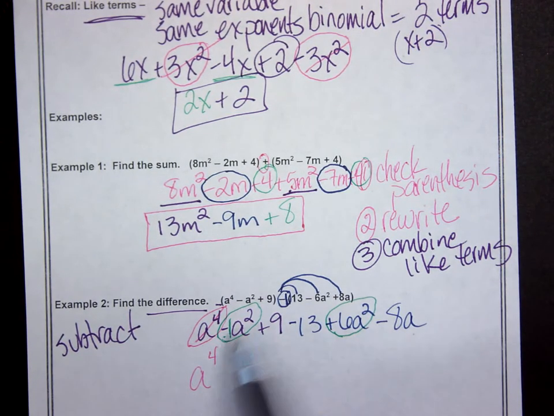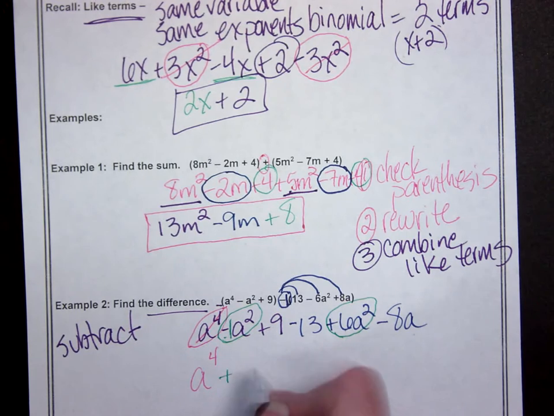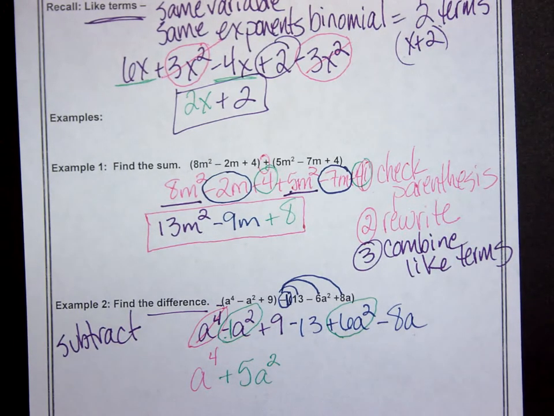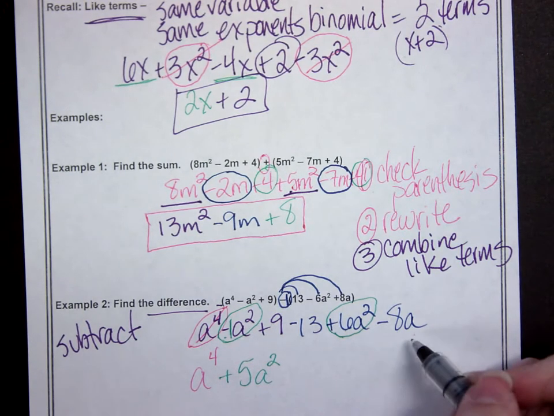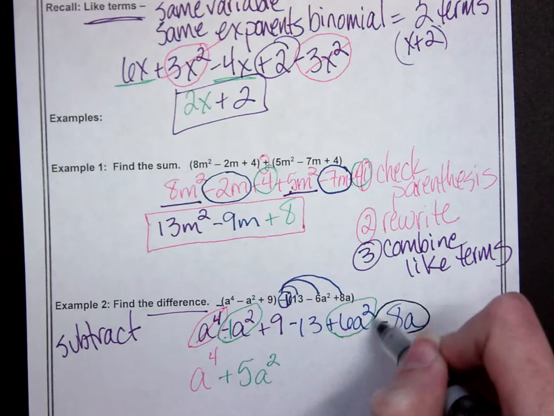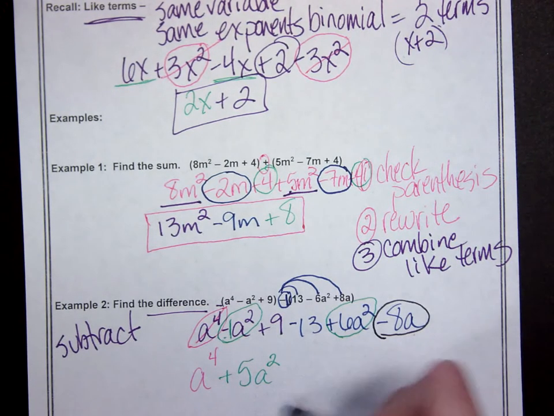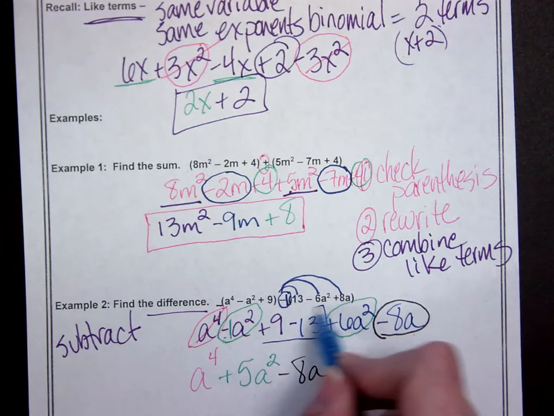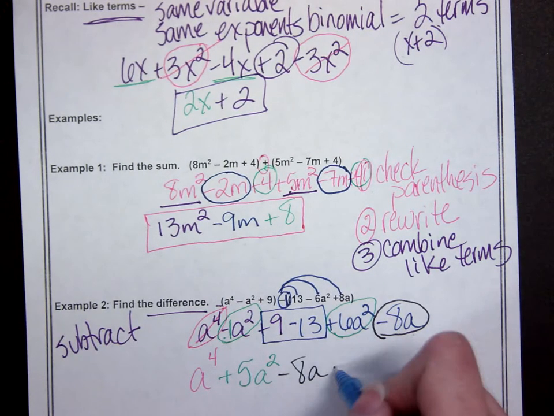Negative 1 plus 6 is positive 5a squared. I'm going to go grab the other a term. Negative 8a. There are no other a's, so minus 8a. And then all we have left is this positive 9, and negative 13 leaves negative 4.